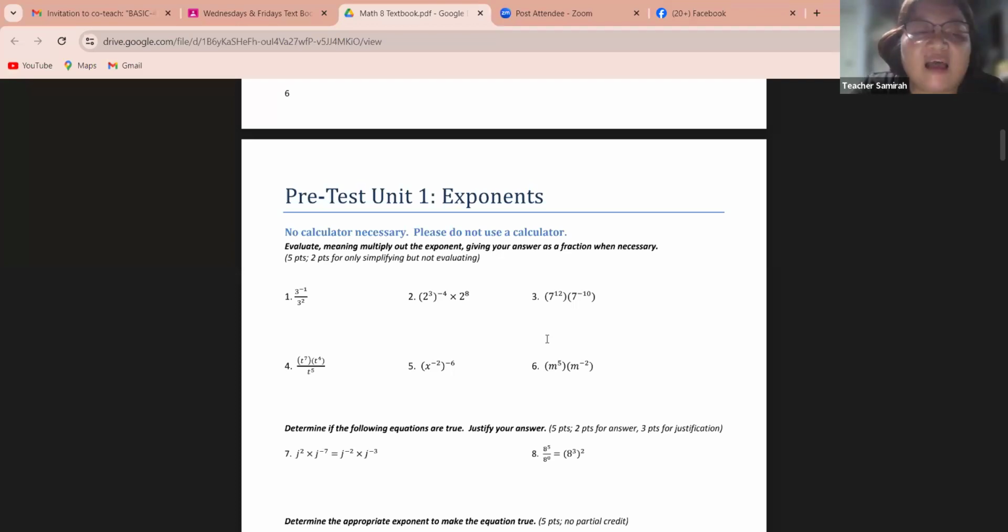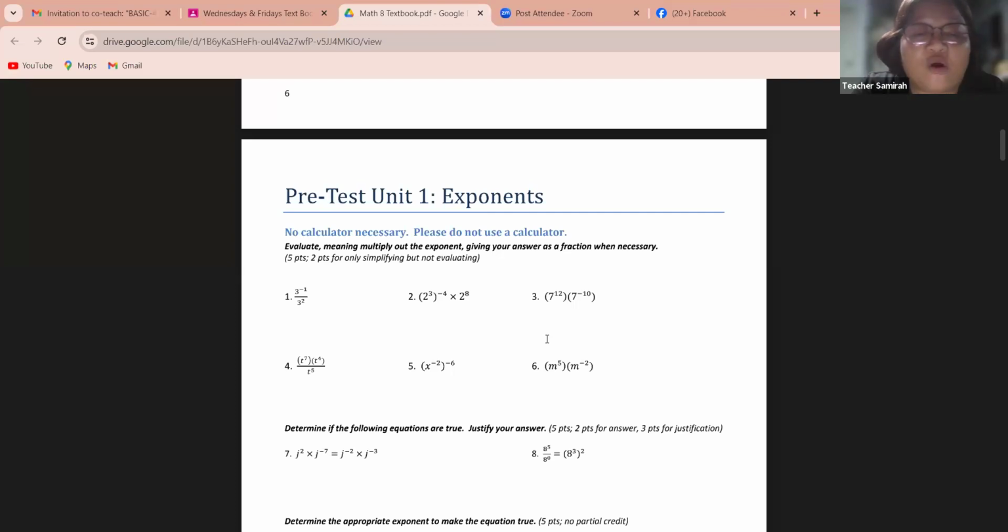So it will become negative 1 minus 2. Since they both have the same sign, we simply keep the negative sign and add the 1 and the 2. Therefore, the answer will be 3 with the exponent of negative 3. So that will become your answer.